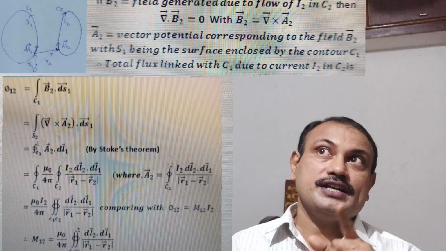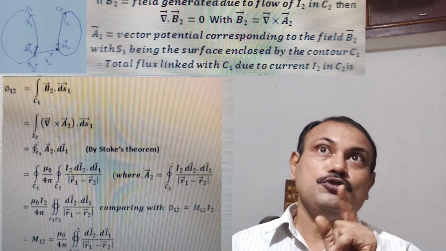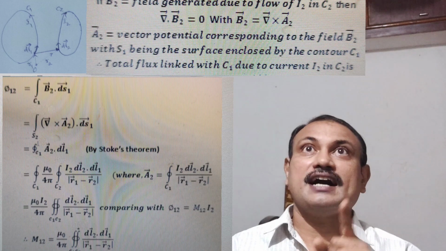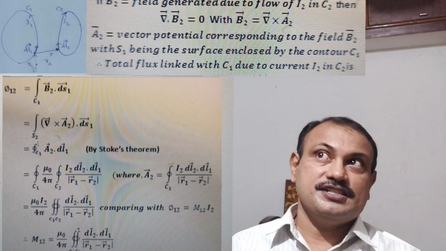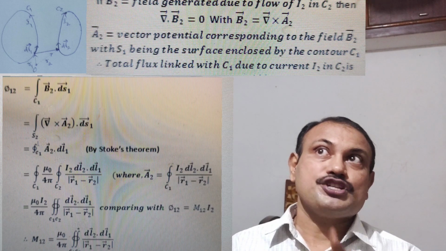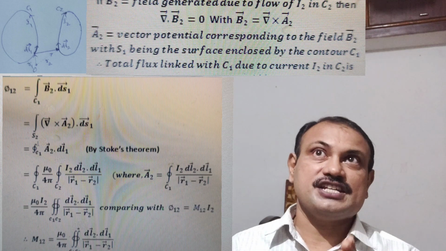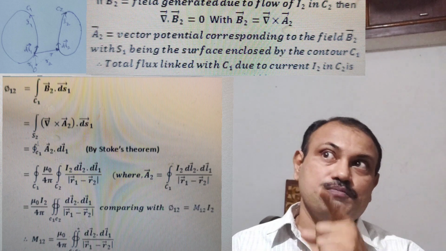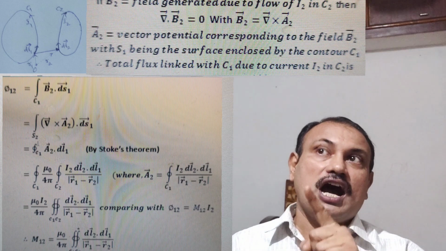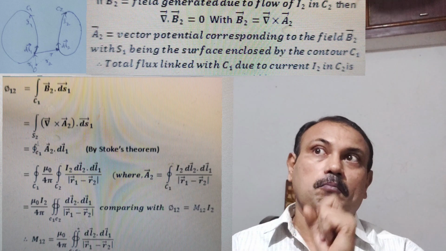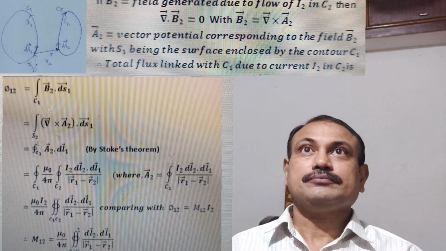And in that case, we can also see that the divergence of B2 being 0, B2 vector can always be written as curl of A2 vector, where our A2 vector is the vector potential corresponding to the field B2, and this vector potential A2 can be written as mu 0 by 4 pi closed contour integral over C2 of I2 dl2 by modulus of R1 vector minus R2 vector.